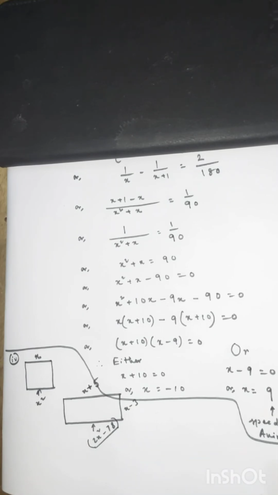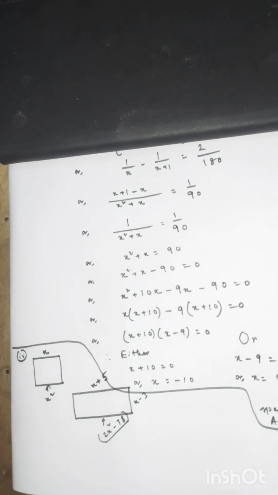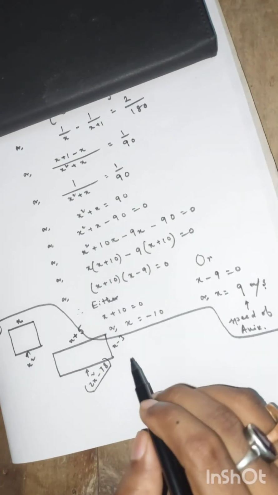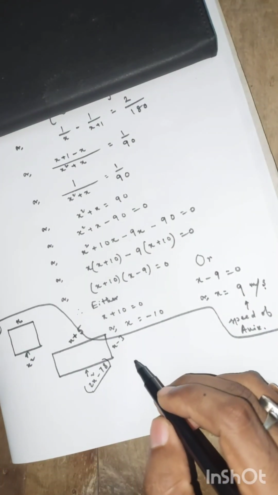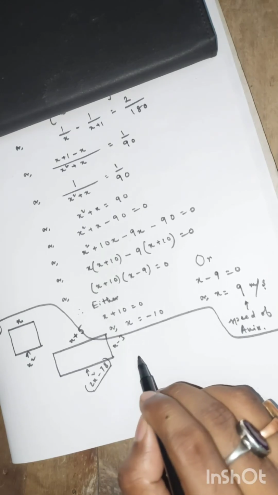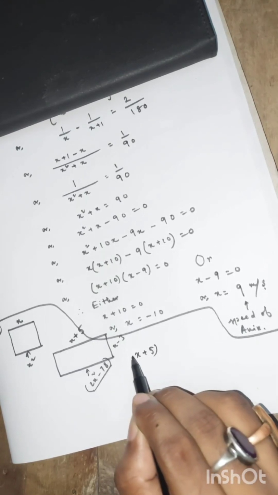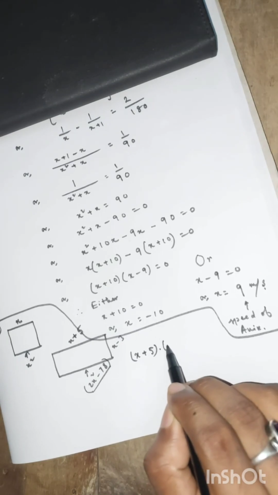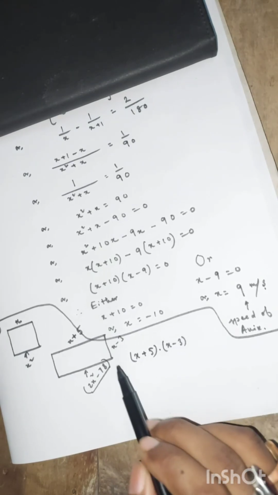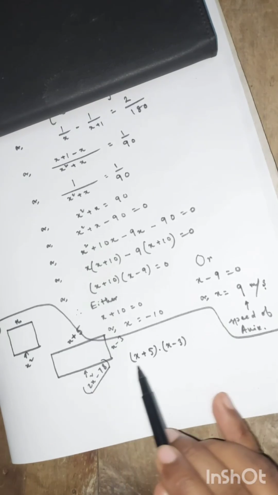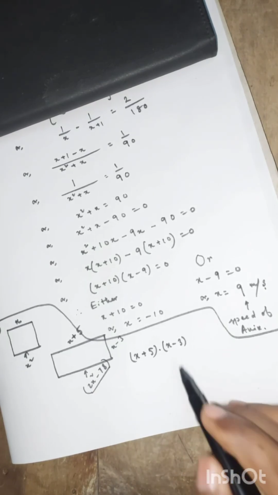That means this. So this is our area, and we also know that area of a rectangle is length into breadth. So x plus 5 into x minus 3, this should also be the area of the rectangle. That means these two areas are same. That is why we can equate it.